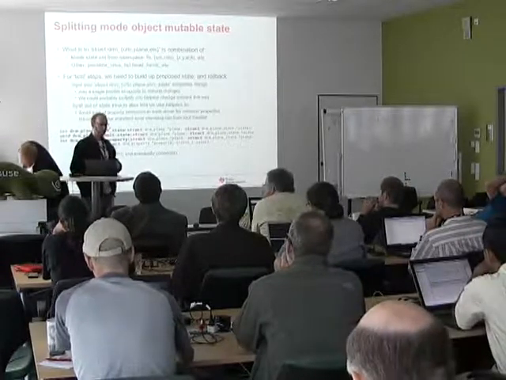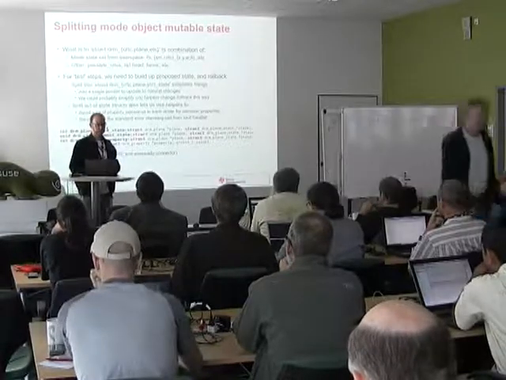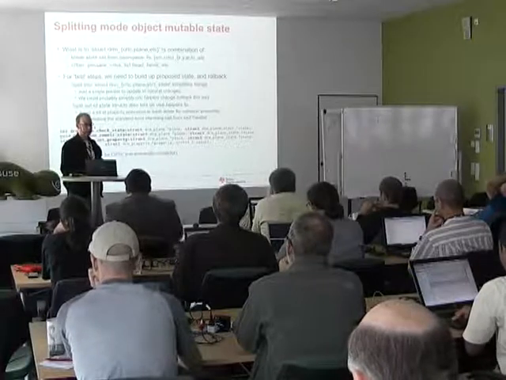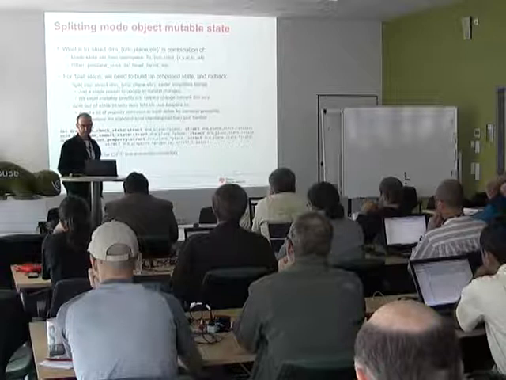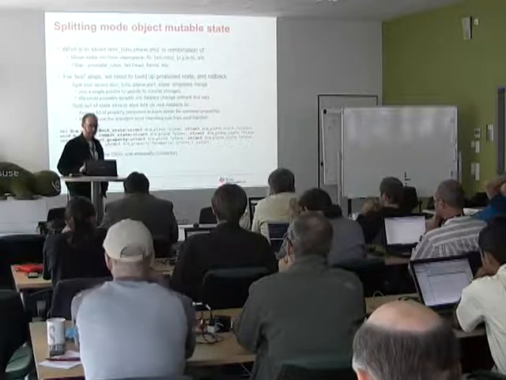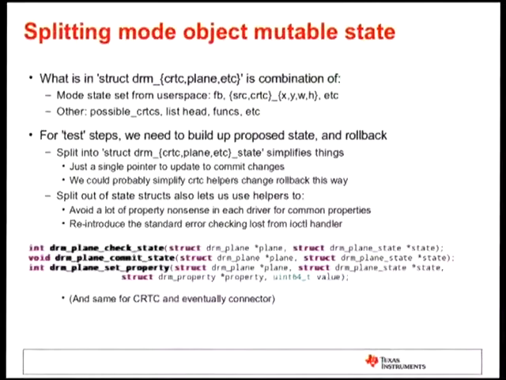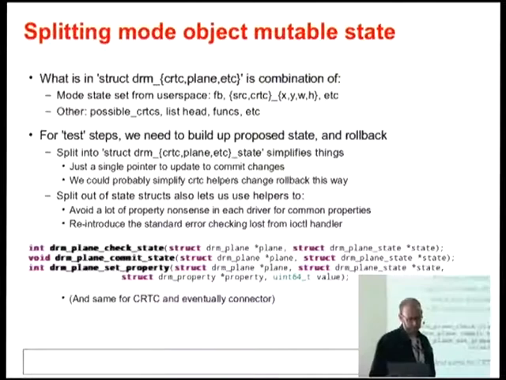Instead of what used to be in struct CRTC and struct plane, a mix of user space settable state and miscellaneous things like a list of supported formats and list heads that are not really user modifiable state, I took everything that is user controllable state and split that out into some different structs.